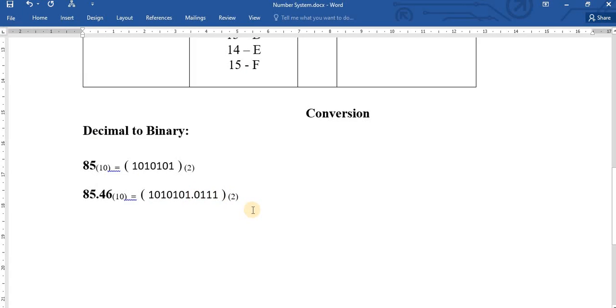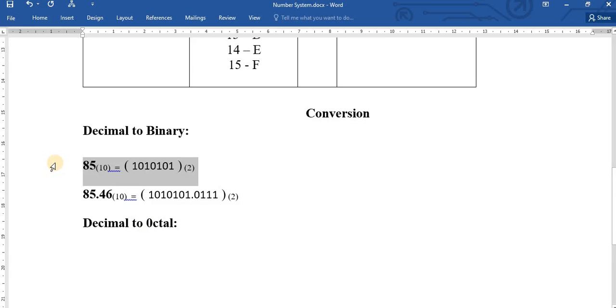So this is the way to convert your decimal point number to binary. Okay, I hope all of you have understood how to convert decimal to binary number system. Okay, so next question is how to convert decimal to octal. Okay, how to convert decimal to octal.